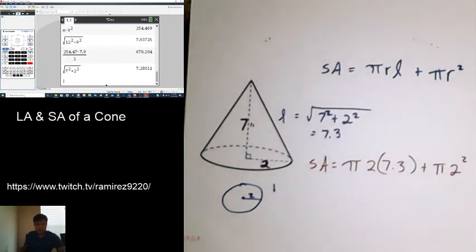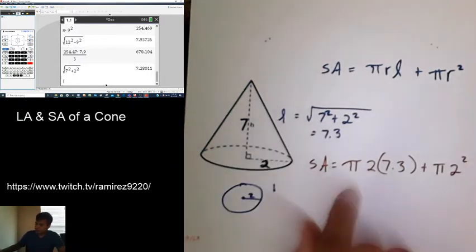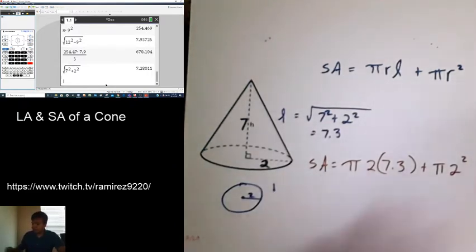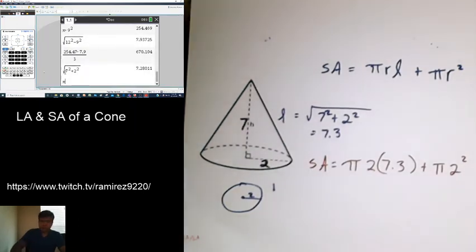If you had a basic 4-function calculator, I would suggest just do it by pieces. So we have here the pi, which you could use 3.14 instead. So pi times 2 times 7.3.